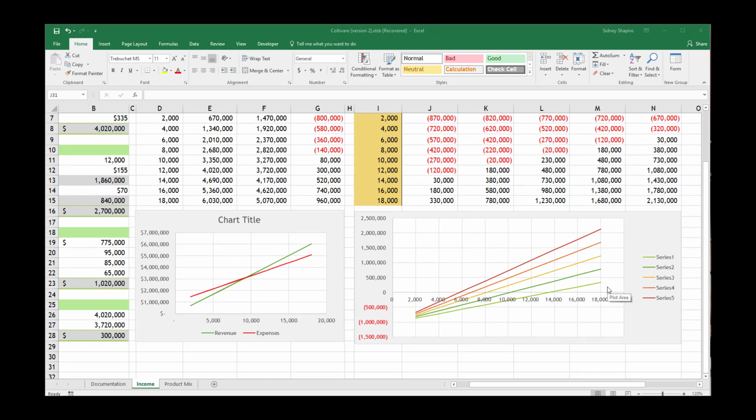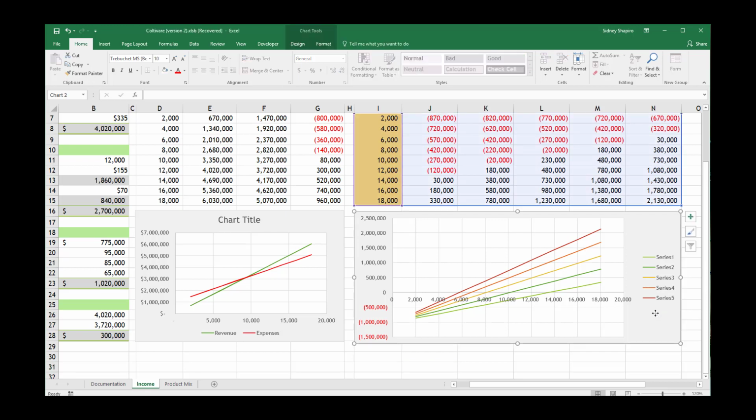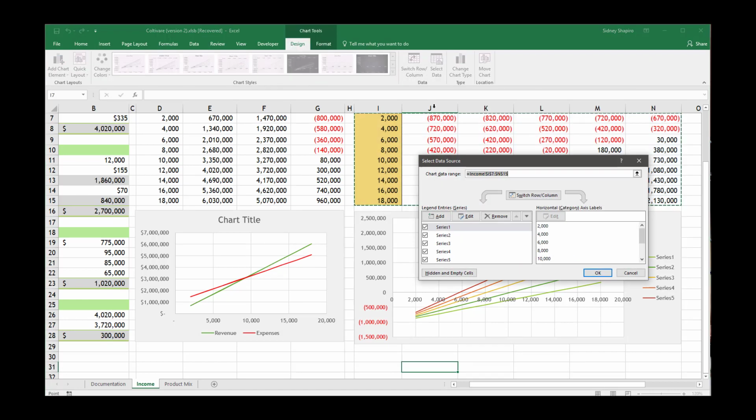So we're going to have to edit the chart series because right now they're just called Series 1 to Series 5. What we're going to do is click on the chart, go to the Design tab, and then go to where it says Select Data. Then we go to where it says Series 1 and press Edit.